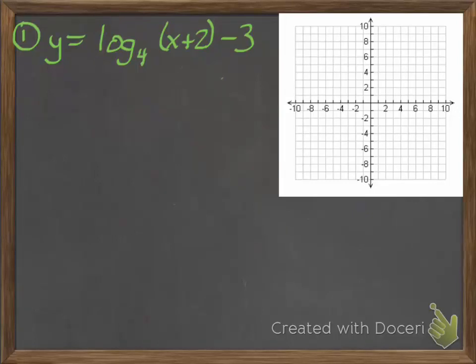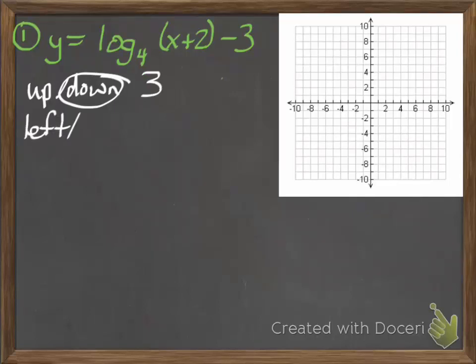So first off, did I move up or down? How much? So I moved down 3. Did I move left or right? And how much? What opposite? So left 2.